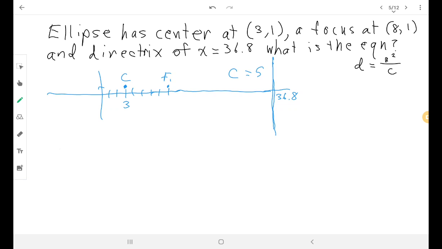Remember, I've got 3 here, so what I really want to know is what's the distance from there to there. That distance is D. And it's pretty simple. If it's at an x value of 36.8 and I start at an x value of 3, I just do 36.8 minus 3, so 33.8.